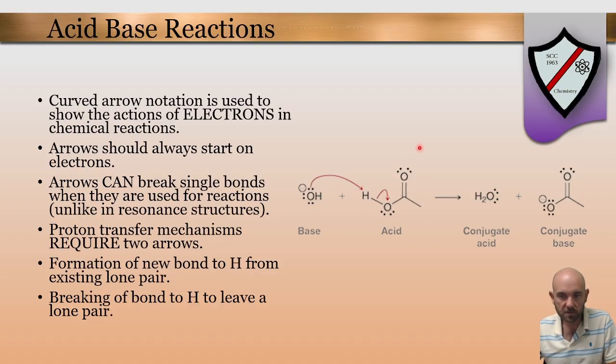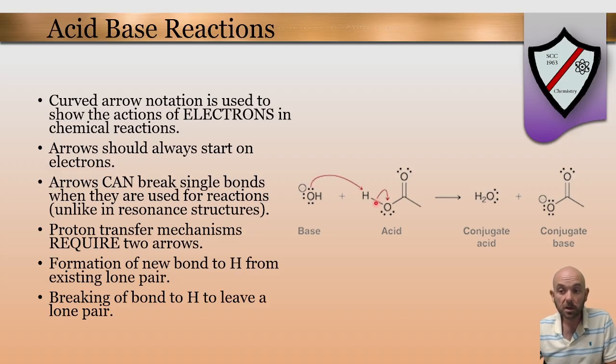This is a carboxylic acid structure, but an acid nonetheless, because it can give up this proton here rather easily. And so these electrons form a bond, showing the arrows starting at the electrons and moving to that atom, forming a new bond with that hydrogen. So this is indicative of that bond being formed.